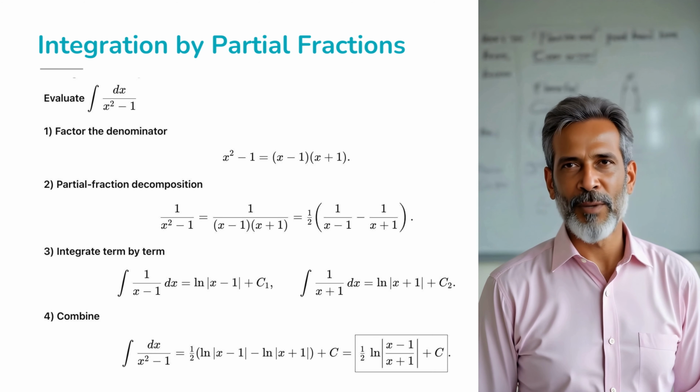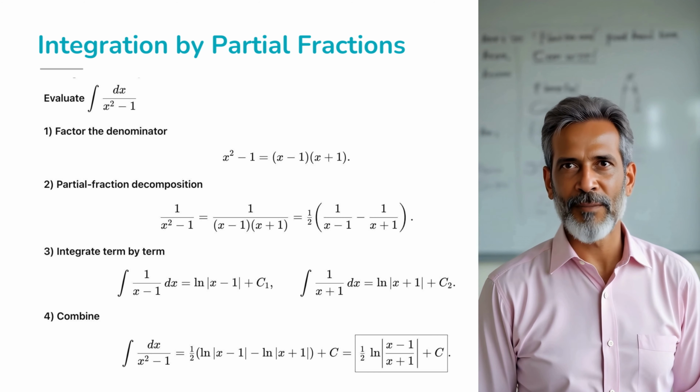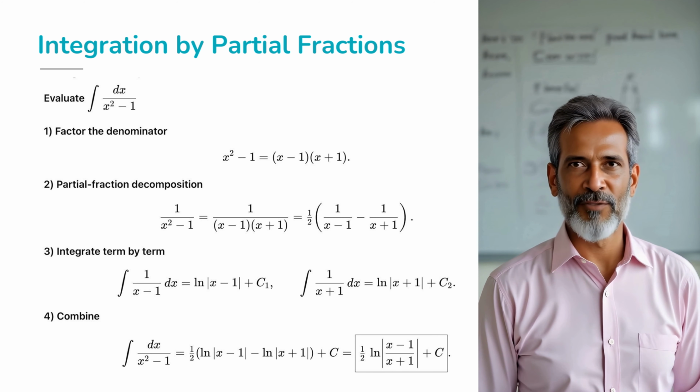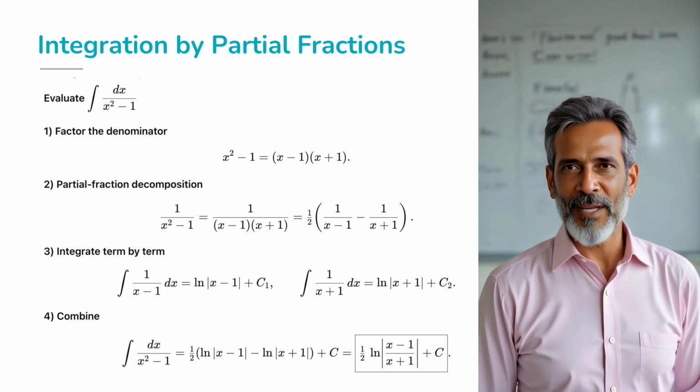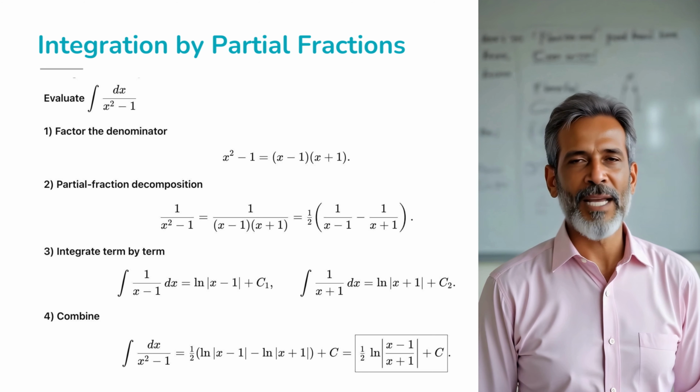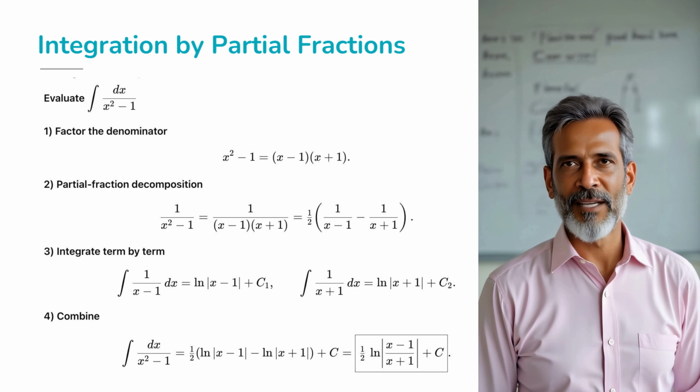But what if the denominator has quadratic terms that cannot be factored further? In that case, the partial fraction looks like bx plus c divided by ax squared plus bx plus c. We then split it into two parts, bx over ax squared plus bx plus c and c over ax squared plus bx plus c.